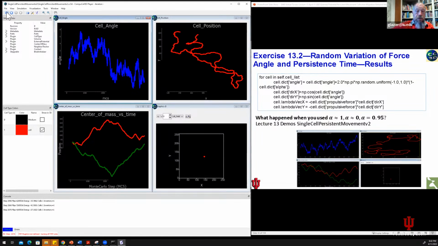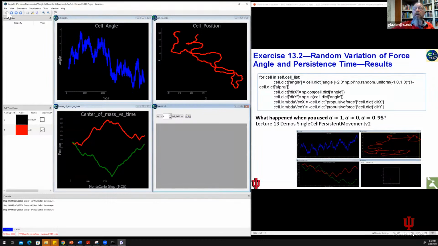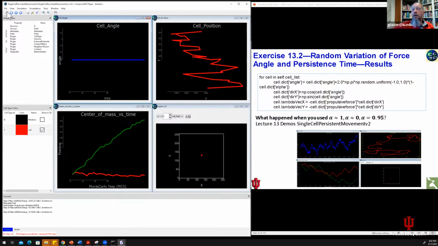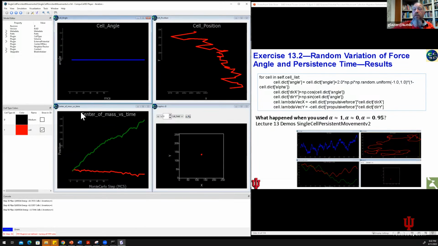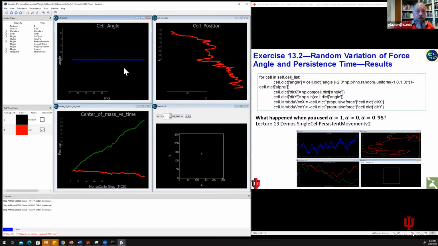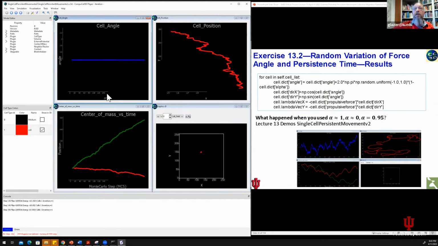Can people see the player all right? Okay, I'm going to restart it. And with the value of alpha 1.0, the angle is fixed. So the cell moves in a single direction with a little bit of noise.